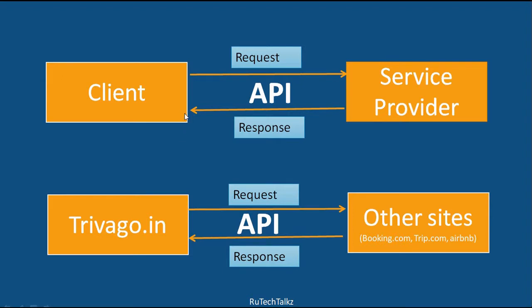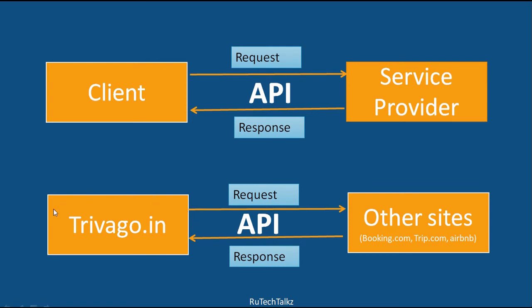So as I explained earlier, the client application requests the details from the service provider, and the service provider responds to the client with the details, and this request and response process is done through the APIs.